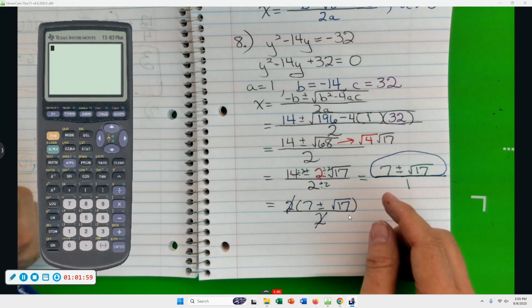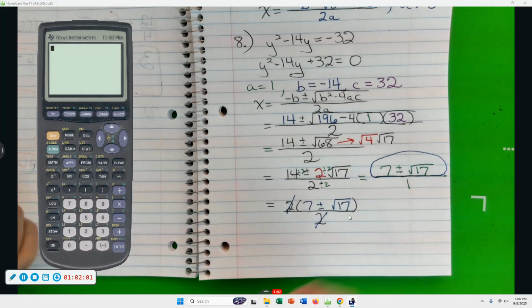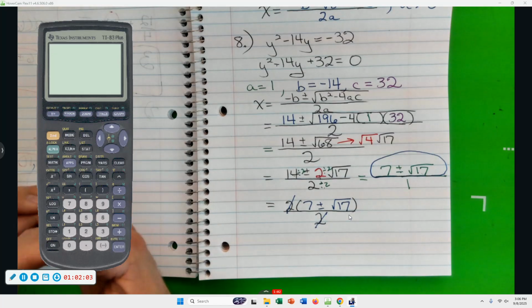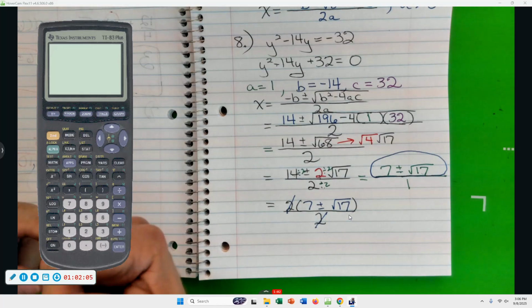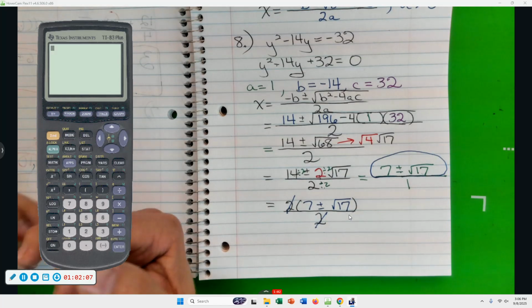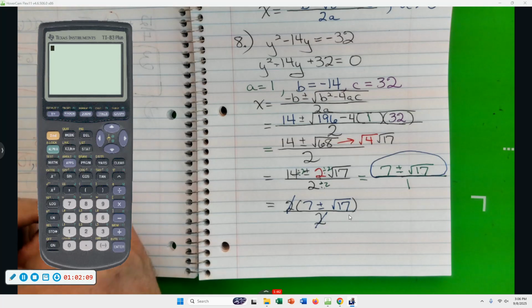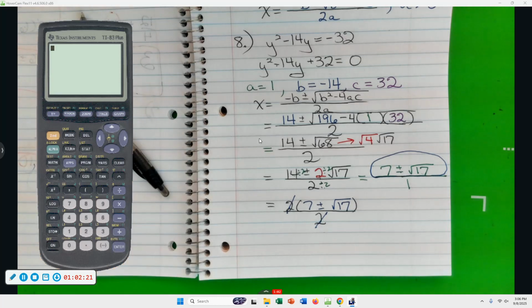So the 4 times 17 gives you the 68, and the square root of 4 is that 2 right there. But that was the reducing like we did on day 1. When we look at the perfect squares, what perfect square divides evenly into, in this case, 68?